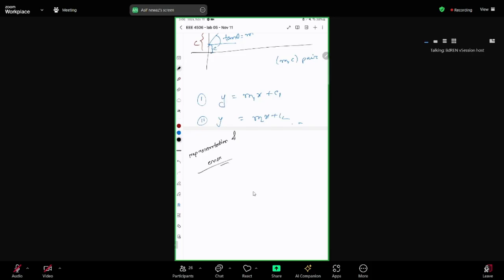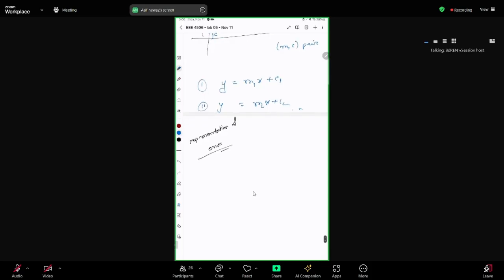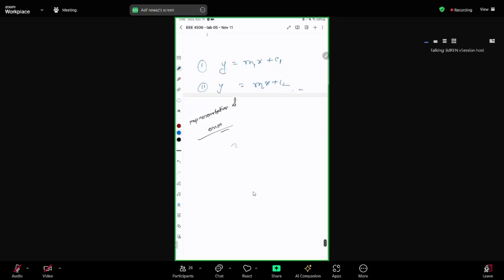Let's write the equation like this: y equals theta 0 plus theta 1 into x. I'm just writing m and c in terms of theta, for easy representation. So this is the equation of any line.